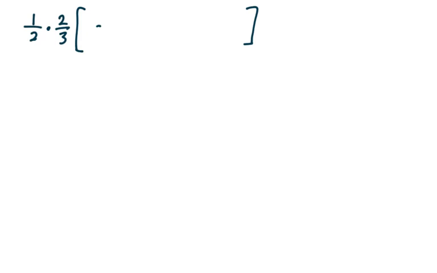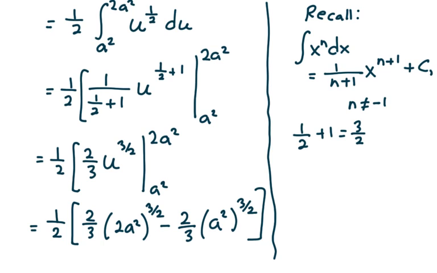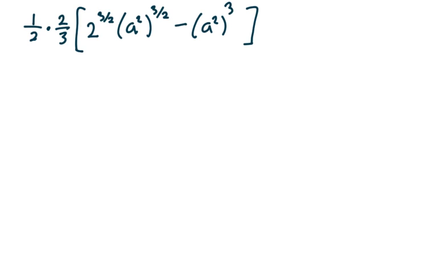And then we get 2 to the 3/2 times a squared to the 3/2 minus a squared to the 3/2. But when you take an exponent and raise it to another exponent, you're going to multiply these exponents. And then the 2's cancel.